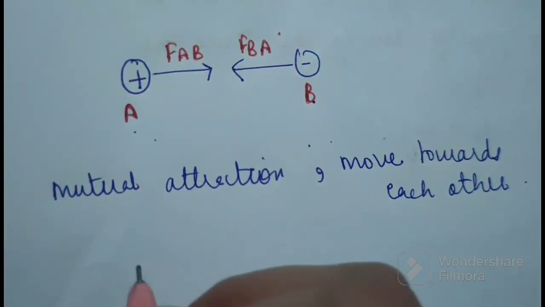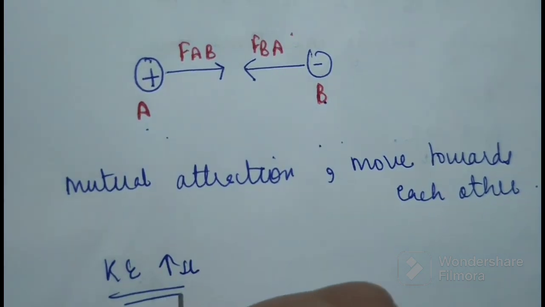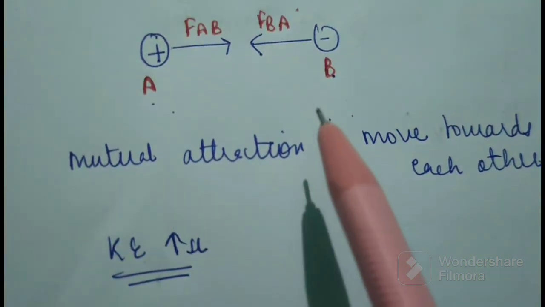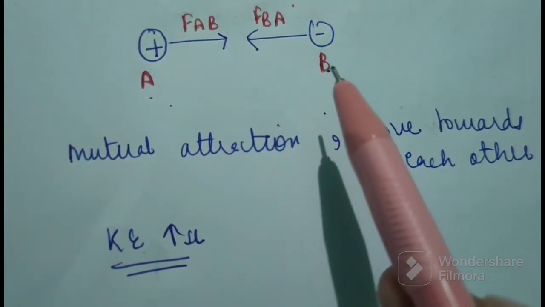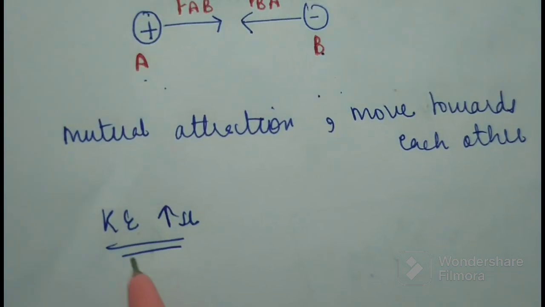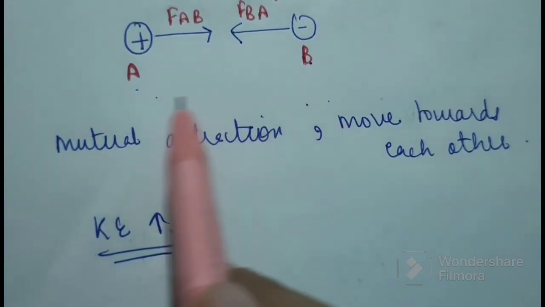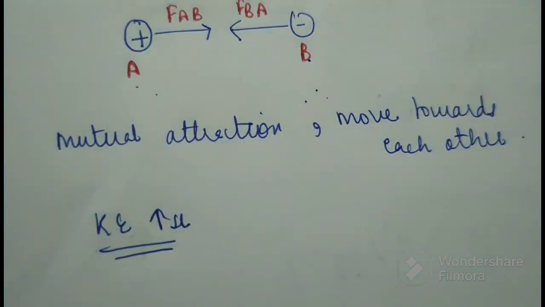In this case, the kinetic energy will increase. See, in this case, we are not applying any external force on this system. Still, the kinetic energy changes. That means the kinetic energy of this system of two particles is increasing, but there is no external force we are applying.